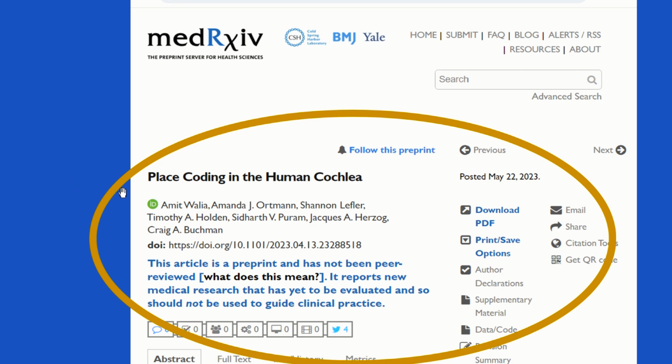Now, if you want to know more, do a search for something like place coding in the human cochlea. It'll probably turn up this paper as well as many others. This paper, I want to point out, is a preprint, so it hasn't been peer reviewed. But there's been a tremendous amount of research in this area over the decades.